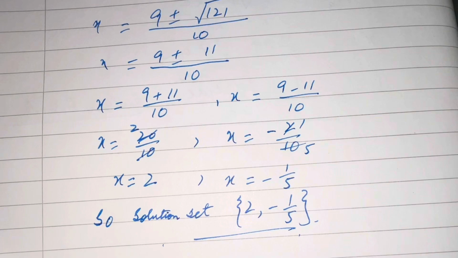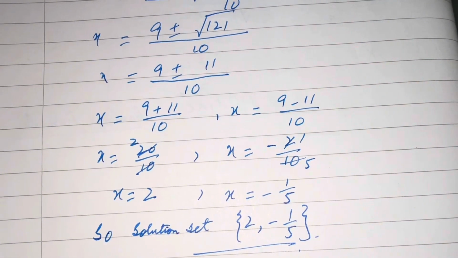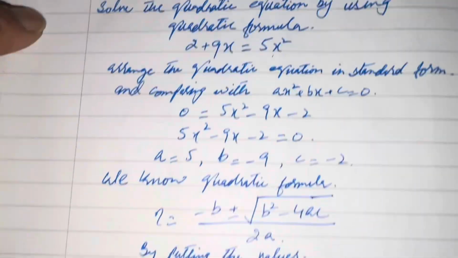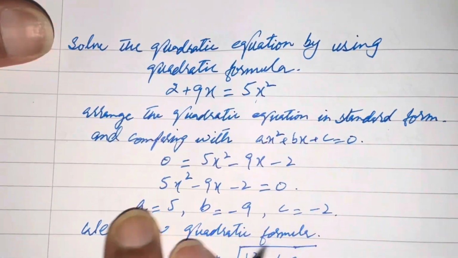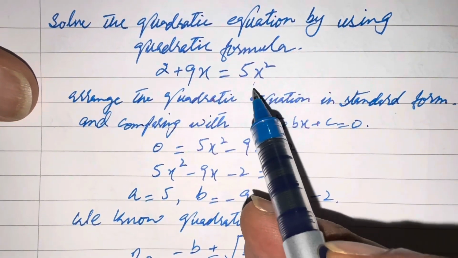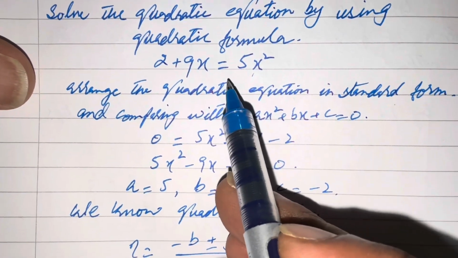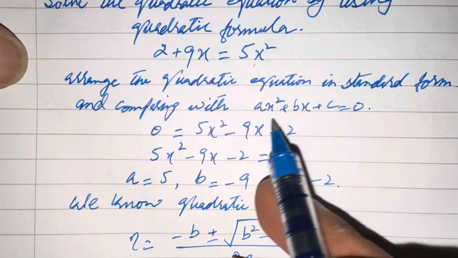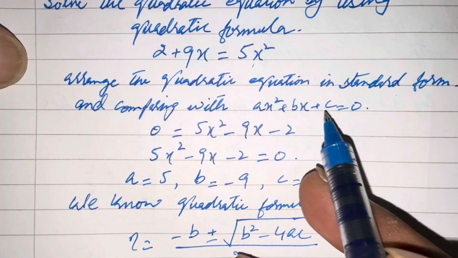That's how we can find the solution set, or solve the quadratic equation, by using the quadratic formula. If you see all the process from top to bottom, the quadratic equation was given, and we had to rearrange it and then compare it with the standard form of the quadratic equation, ax squared plus bx plus c.